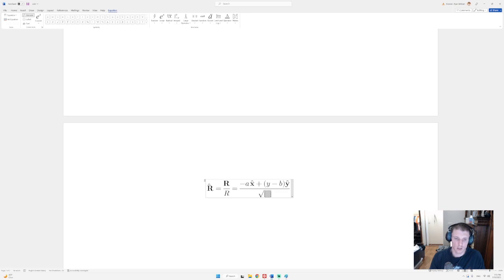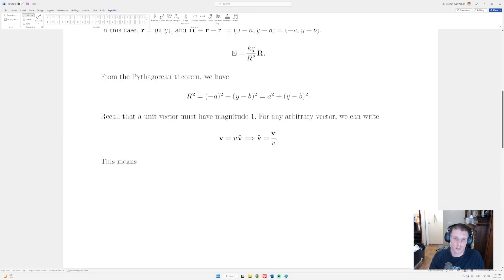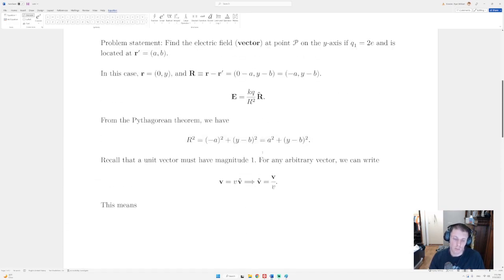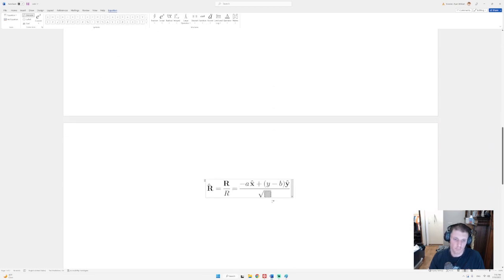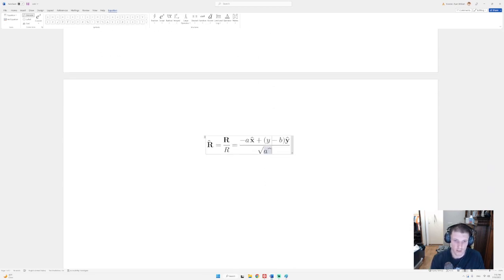Before we were thinking about r squared, so we didn't take the square root, but now we're going to have to take the square root. This is going to be the square root of a squared plus y minus b quantity squared. And we could separate this out if we wanted to. We could just write negative a over the square root of a squared plus y minus b quantity squared, and this is x hat.